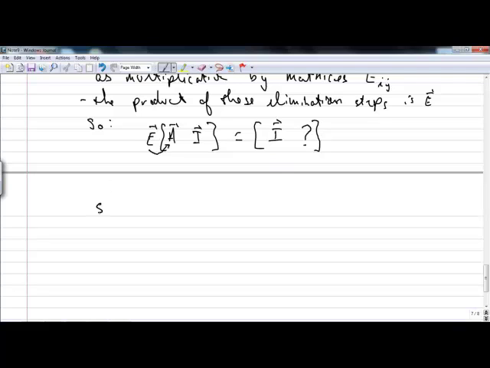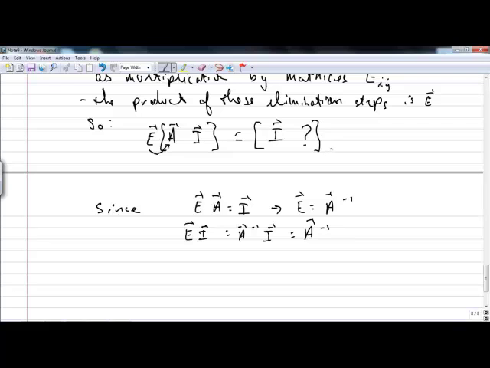Well, since EA is equal to I, E equals A inverse. Therefore, E times I is equal to A inverse times I, which is equal to A inverse.